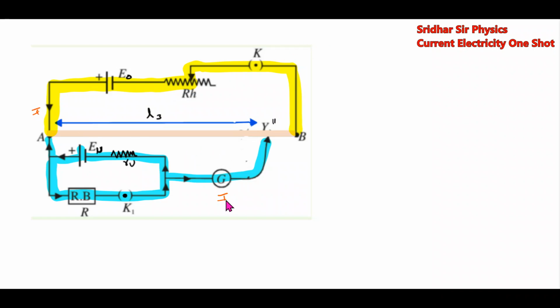The current through the galvanometer will be 0, but there will be a flow of current here, and no current here. And as usual, this current I will flow. This current I will not branch because the current through the galvanometer is 0.